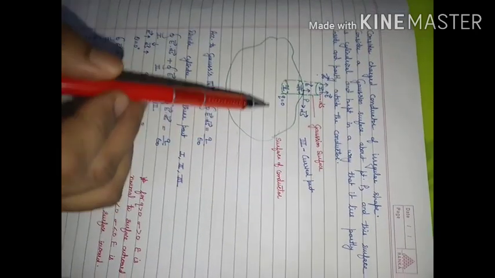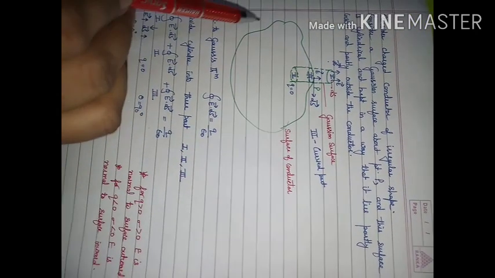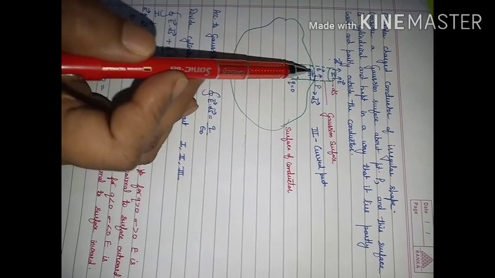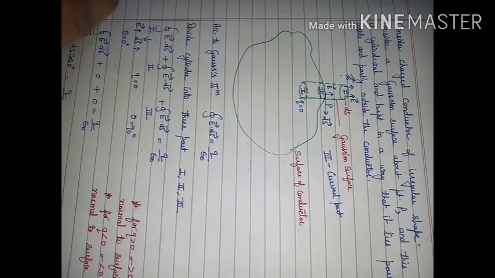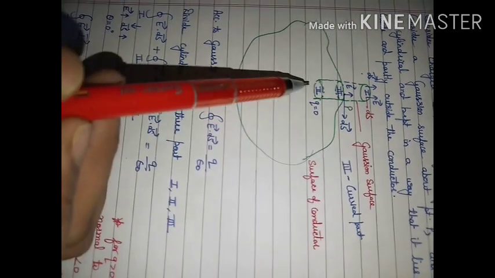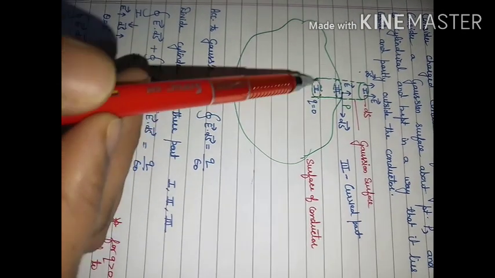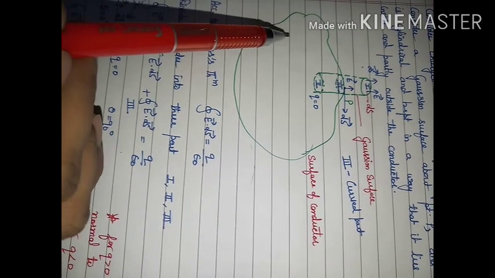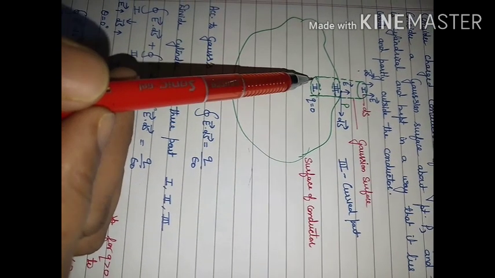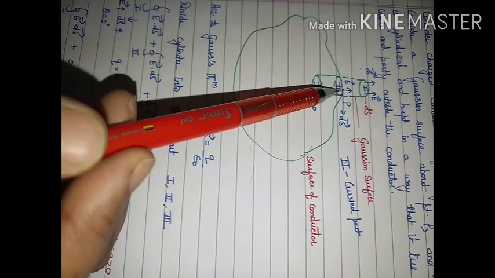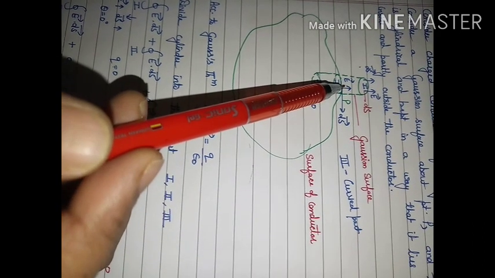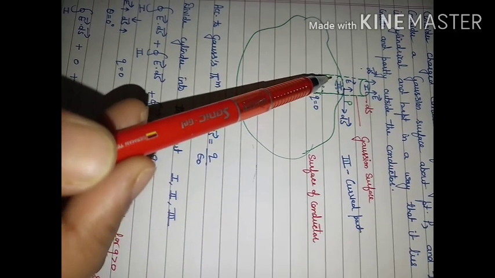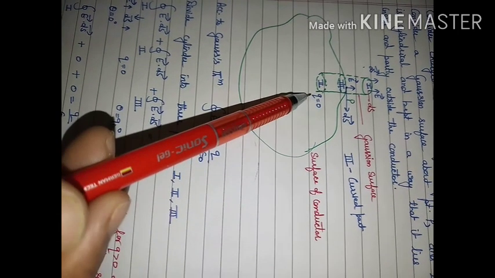any charged conductor of irregular shape. This is our point of observation P, and we have considered one Gaussian surface around this point. This surface we are going to consider cylindrical, and we have kept it such that a part of this surface lies above, or outside, the conductor, and a part lies inside the conductor.